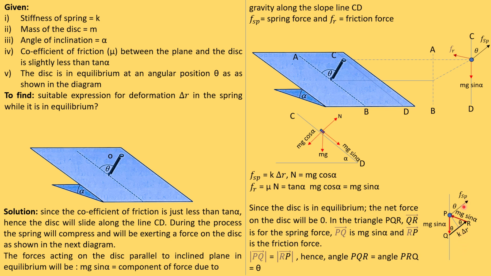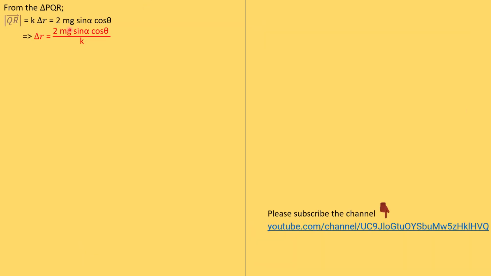From this triangle, K delta R will be 2 times mg cos alpha sin alpha into cos theta. Hmm, more precisely, delta R will be 2 mg sin alpha cos theta by K. So this is the expression the question asked us to determine. This will be your answer.